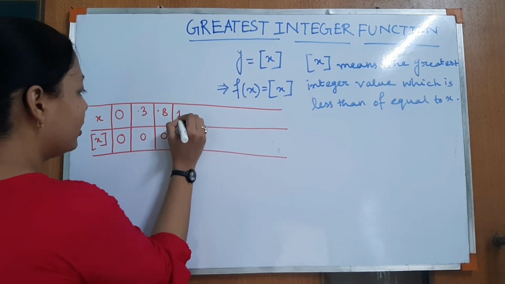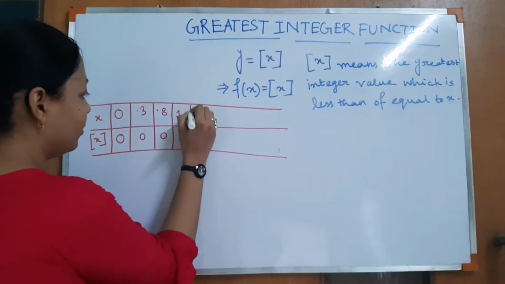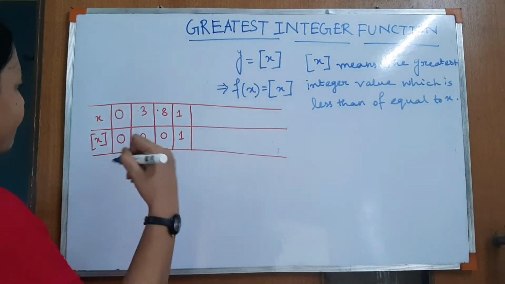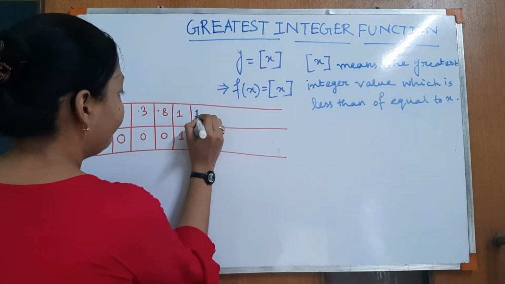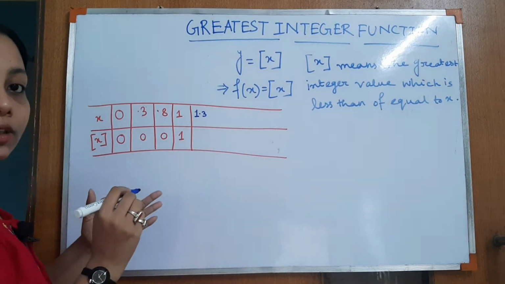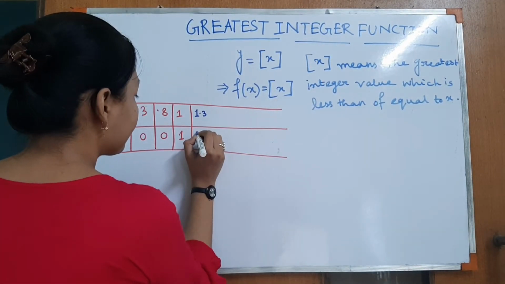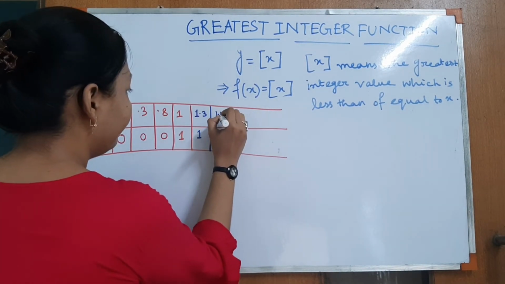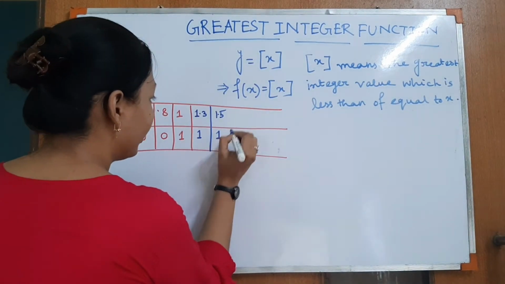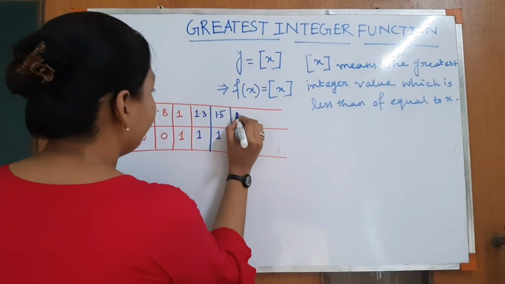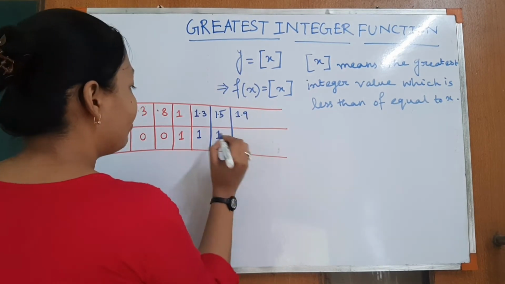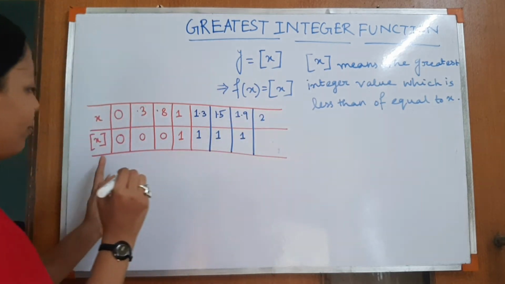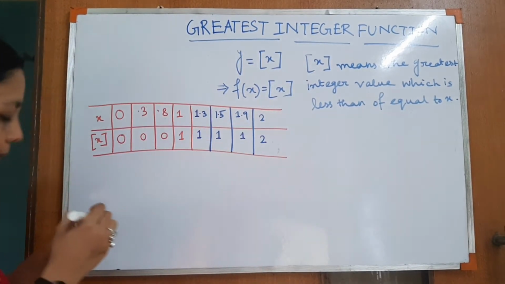If we take 1, then the value of box x is 1. Now if we take 1.3, then the value of box x is 1. If we take 1.5, the value of box x is also 1. If we take x equal to 1.9, then the value of box x is 1. But if we take 2, then the value of box x is 2.